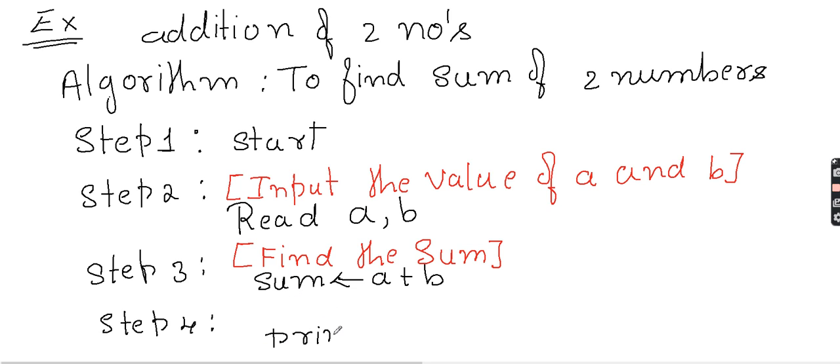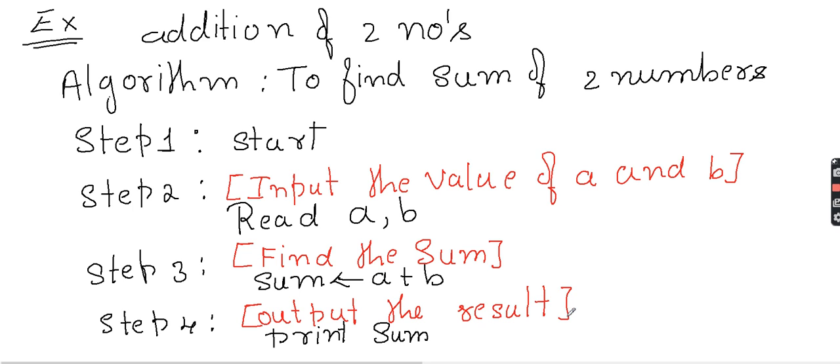What explanatory statement can you give? This is left to you. Whatever explanatory statement is related to that particular condition, you can write it. I will write output the result, or you can also write output sum, anything you wish which is related to that.